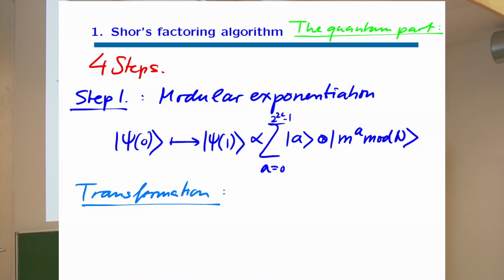But yeah, modular exponentiation is a classically efficient circuit, and we can just build on that. So I don't want to go to this level of detail, but at least I want to show that this transformation is unitary.